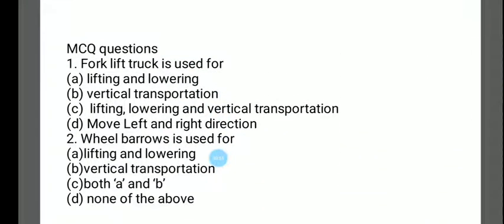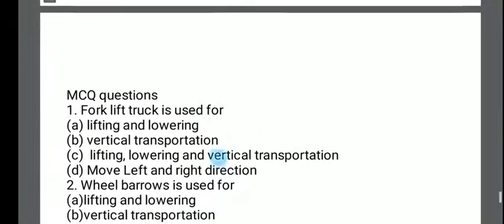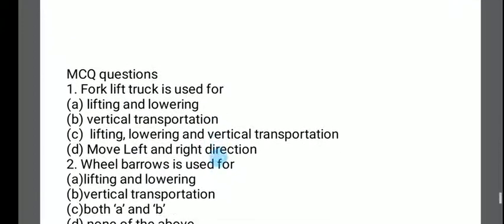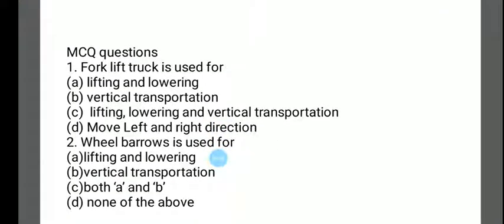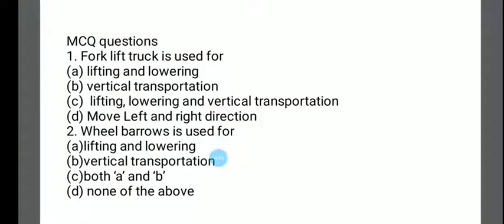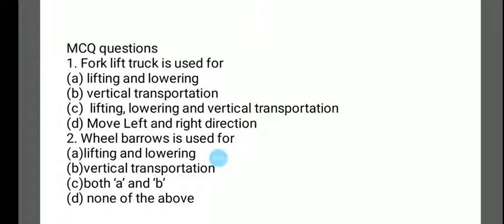A few MCQ questions are available as this chapter is ending. In this MCQ question: what is the forklift truck used for? The options are lifting and lowering, vertical transportation, and move, lift, and right direction. Which one is the correct answer?